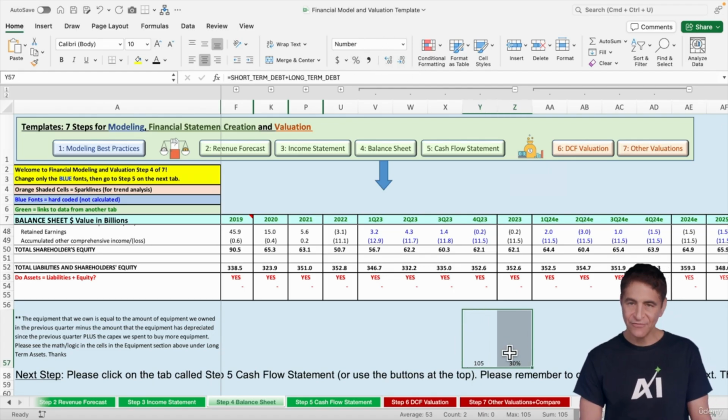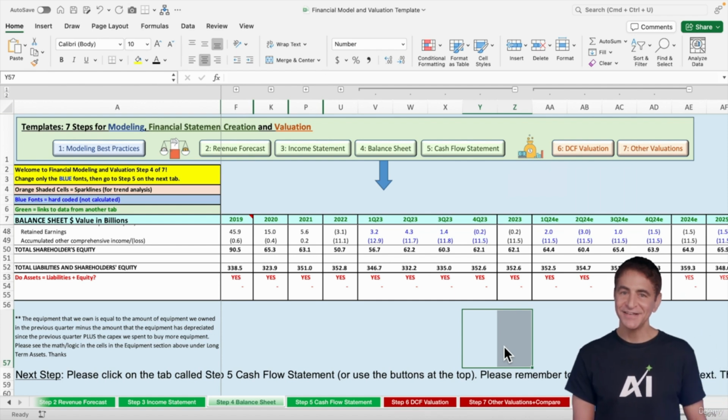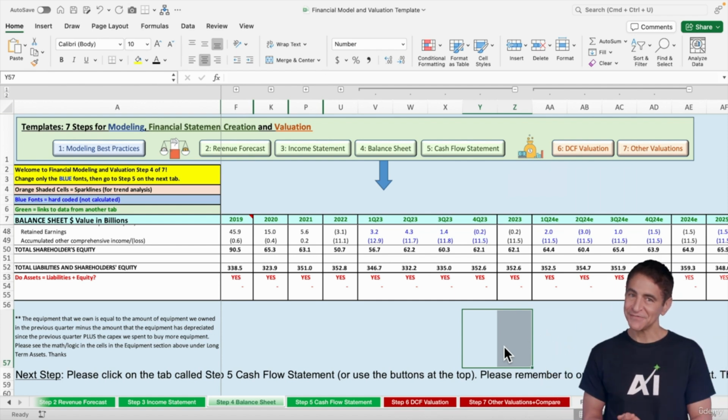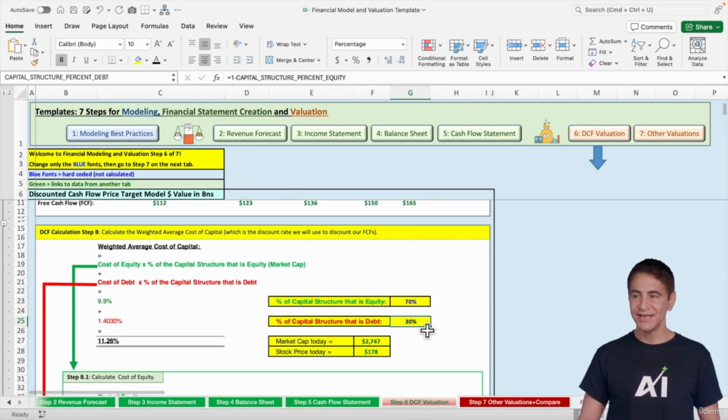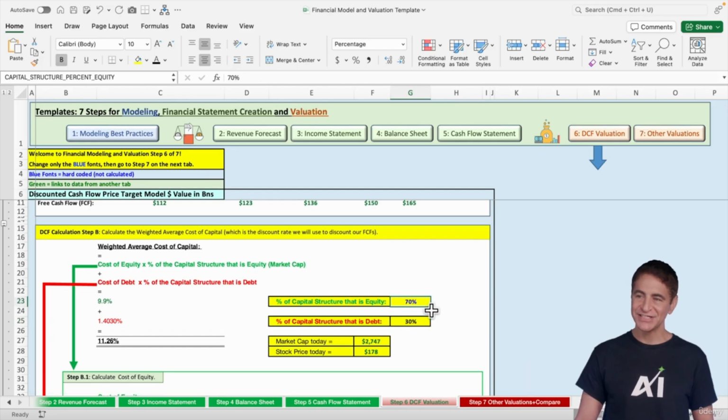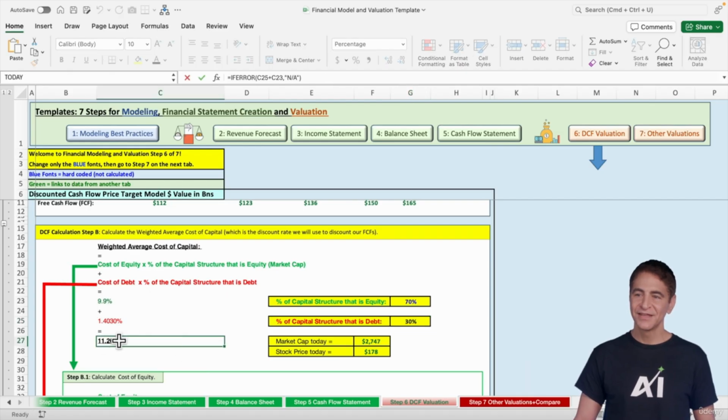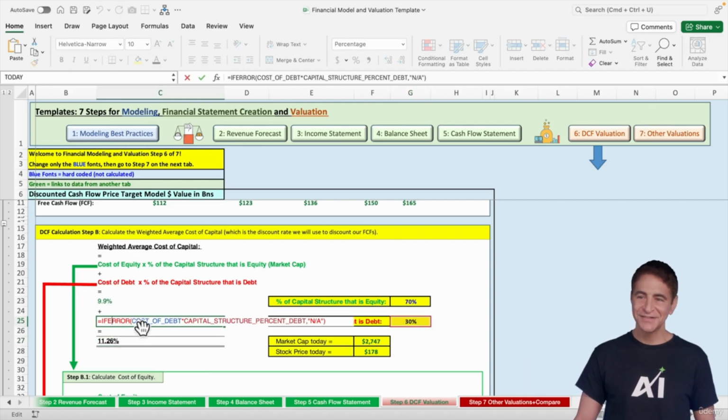So that's the percent of their capital structure that's debt. Back of the envelope, all this stuff. So I'm going to go over here, and now we know that 30% is debt. Well, 70% is equity. Obviously, these two numbers have to add up. I've color coded these as well and tagged them up here so that when you create a formula, instead of just seeing cells, you'll see the actual numbers.